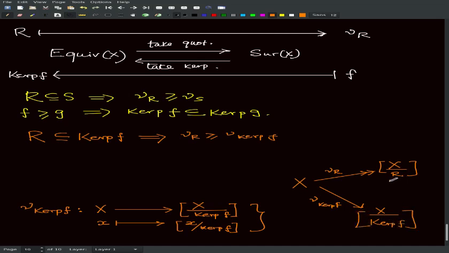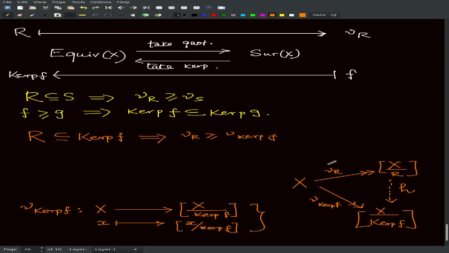It means that there exists a map like this. Now, if you have this, see the next line.